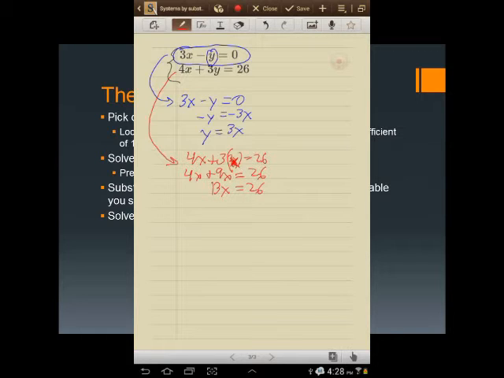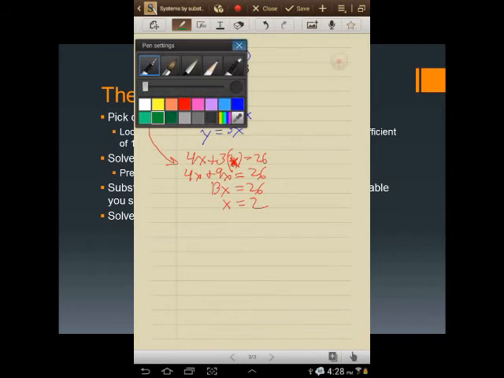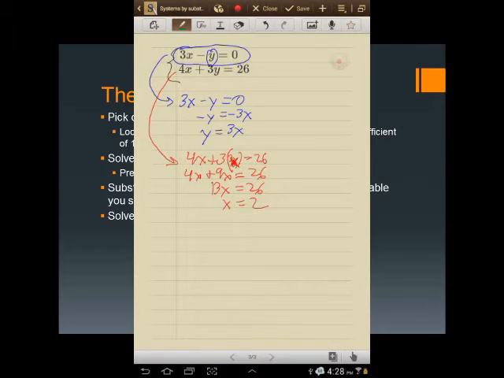Divide by 13 is 2. Y equals 3 times 2, which is 6. X always comes first, so 2 comma 6. There it is.